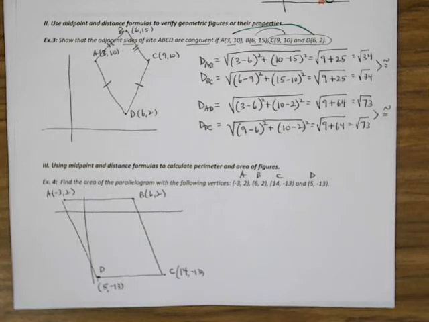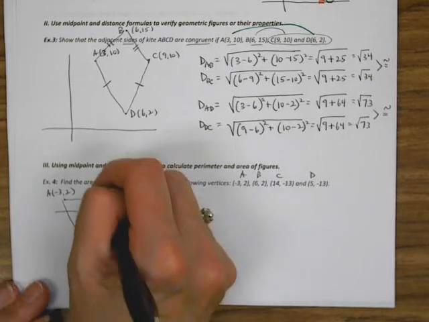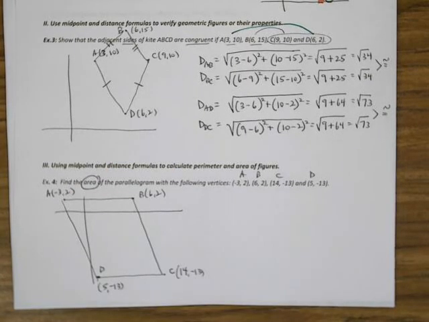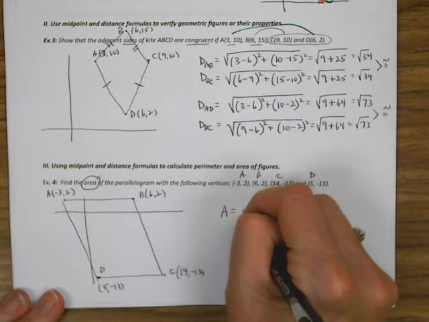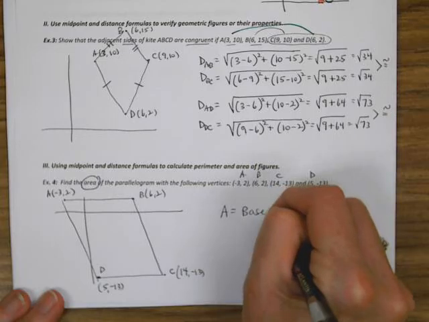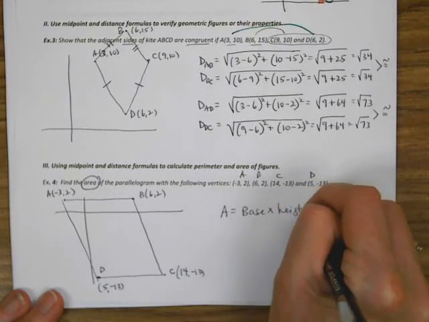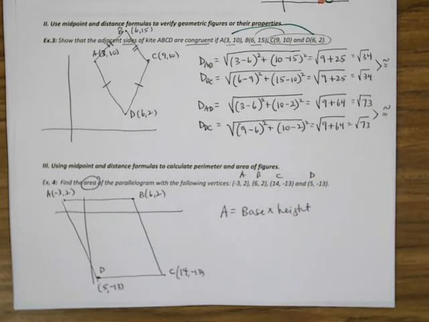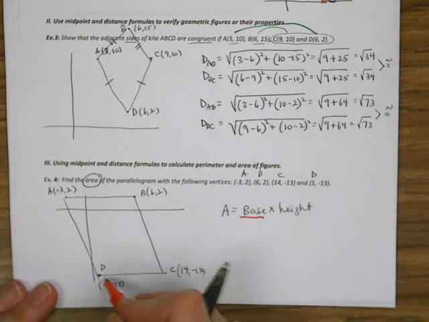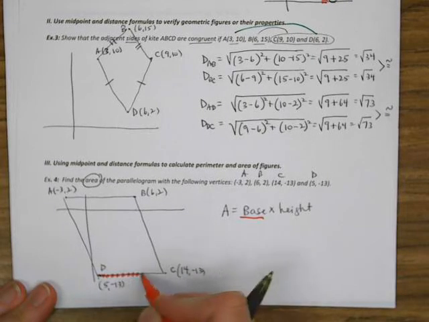Okay. It wants the area, so now you've got to dig back to chapter 11. The area of a parallelogram is the base of the parallelogram times the height of the parallelogram. So if I worry about the base first, that would be this segment right here.